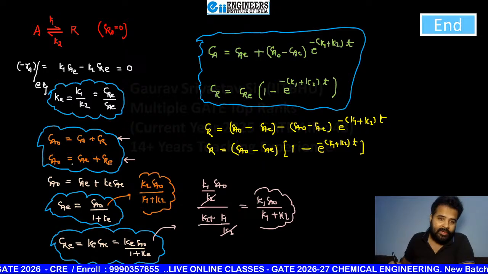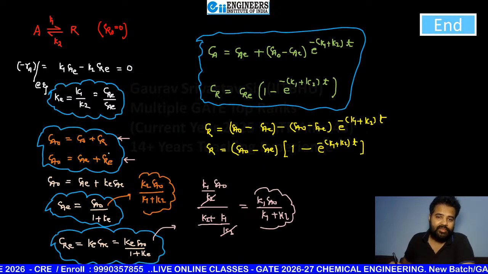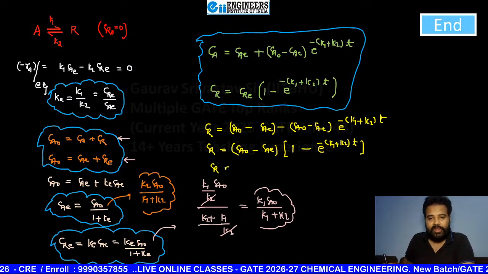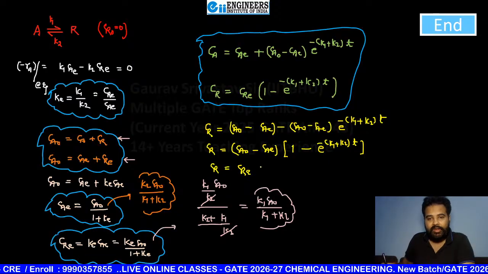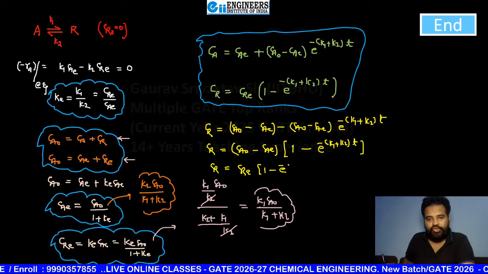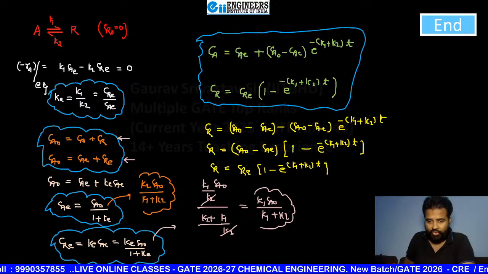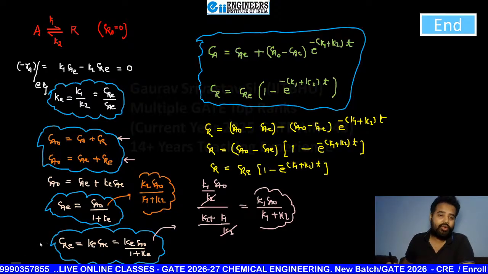And what is CA naught minus CAE? From this expression you can see it is CRE. So CR will be CRE times (1 minus e raised to power minus (k1 plus k2)t). That means beta, you must learn how to deal with these equations.